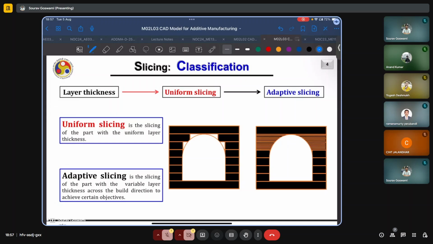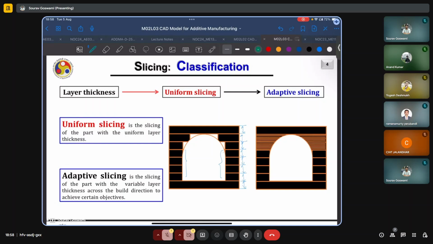We have an example here of a feature with something resembling an arch or a curved region, and if we slice it uniformly, that is, the height of each layer is the same, we have a predetermined number of layers, and for the straight segments it works rather well.